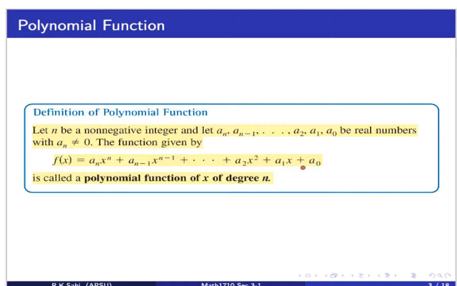Now this is called a polynomial function of x of degree n. This degree n comes from the degree, the power here, you see. Now this is of degree n provided the coefficient a sub n is non-zero.